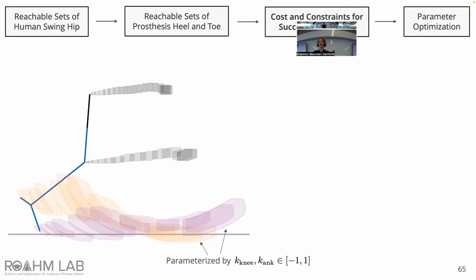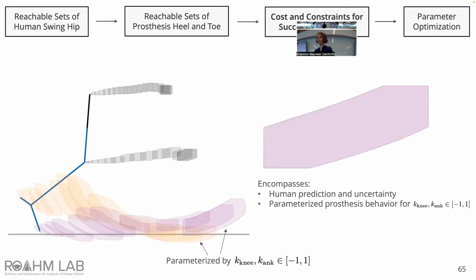But before we do that, I'm going to introduce one more operation we use with these reachable sets that can help us form constraints and evaluate them quickly. So let's look at one toe reachable set at one point in time. And here this purple shape encompasses, again, the human prediction and its uncertainty, and also a parameterized range of prosthesis behavior for k knee and k ankle in -1 to 1.